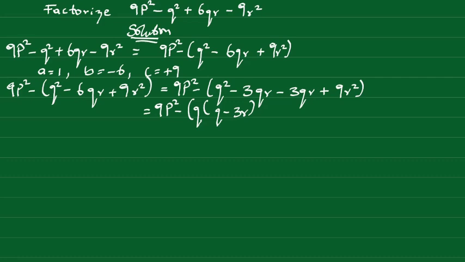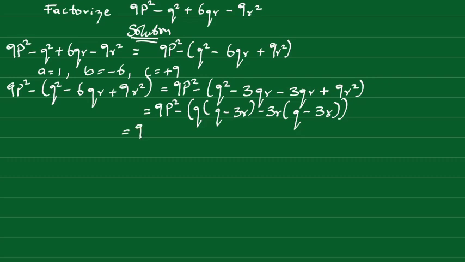Now we factor out minus 3r from minus 3qr plus 9r squared. Hence we have minus 3r bracket open q minus 3r bracket close.